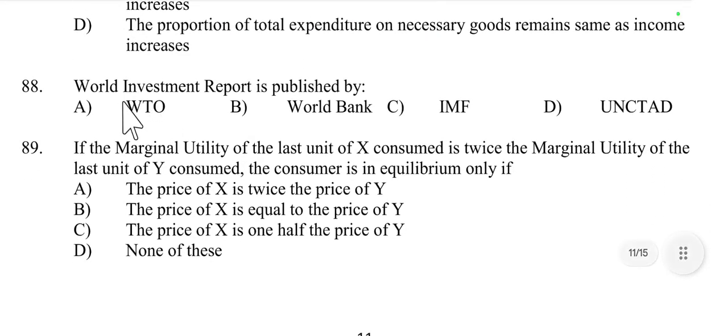Then question number 88, the World Investment Report is published by WTO, World Bank, IMF or UNCTAD? Yes, the World Investment Report is published by UNCTAD, the United Nations Conference on Trade and Development. It is published annually by UNCTAD and provides insight into global investment trends, including foreign direct investment.